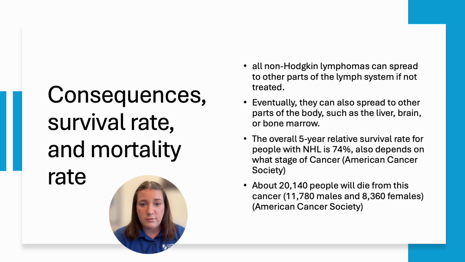The survival rate for non-Hodgkin's lymphoma has gone up. So the overall 5-year survival rate for people with non-Hodgkin's lymphoma is about 74%. But of course, this also depends on the stage of cancer. About 20,000 people die from cancer, the highest being males.